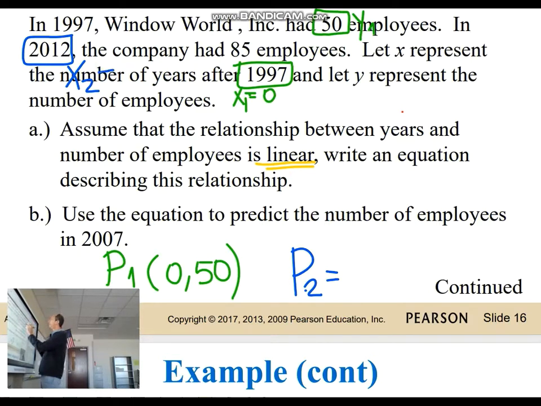And this is going to be 2012 minus 1997 is 15. X2 equals 15. And Y2 is going to be equal to, where's Y2? Yes, here. 85. This is Y2.